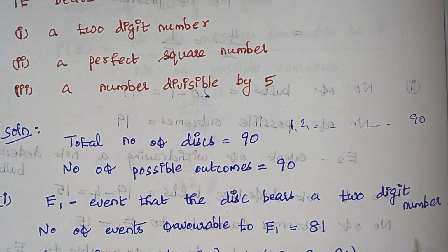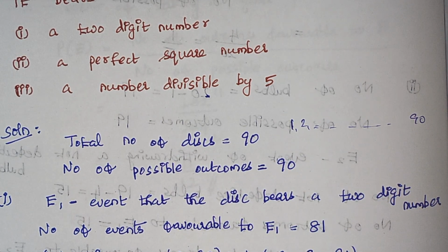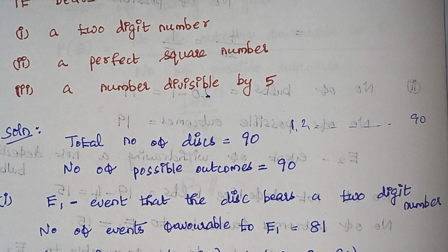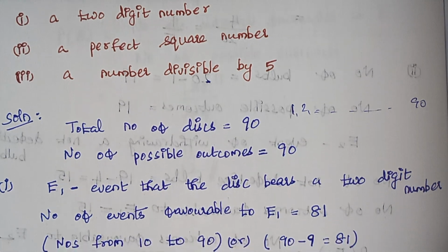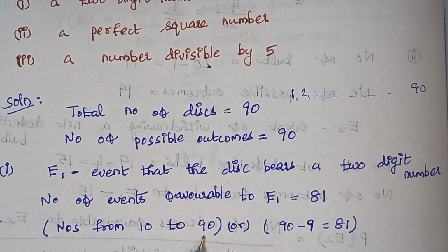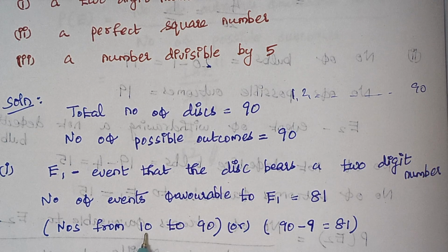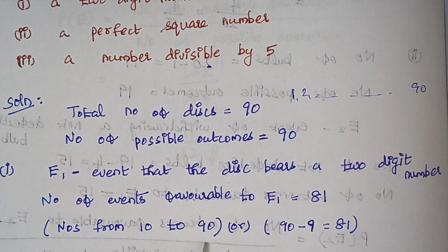So from 1 to 90, how many two-digit numbers do we have? It is very simple: numbers from 10 to 90. Because 10 is the first two-digit number, from 10 to 90 all are two-digit numbers.